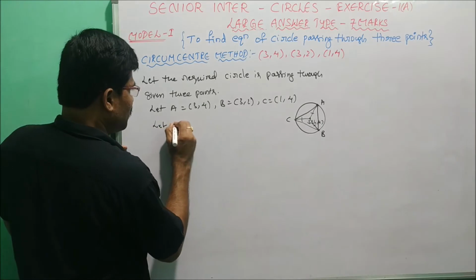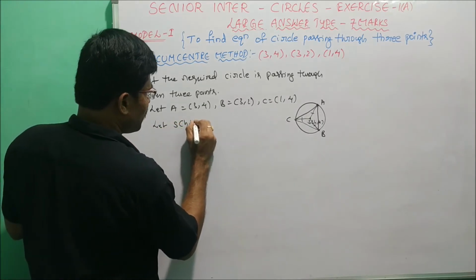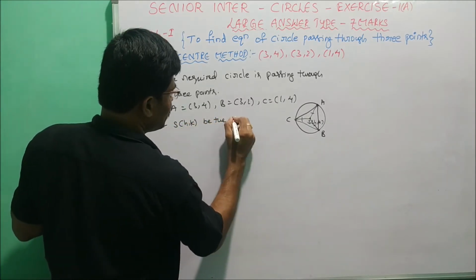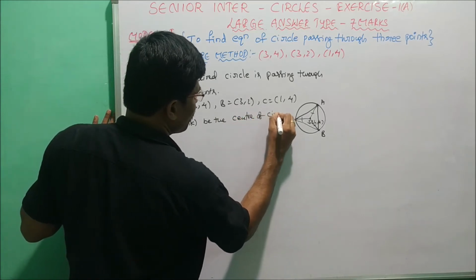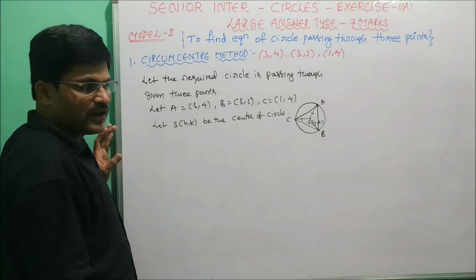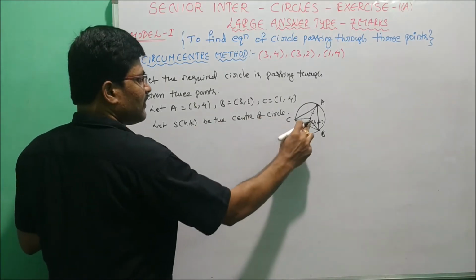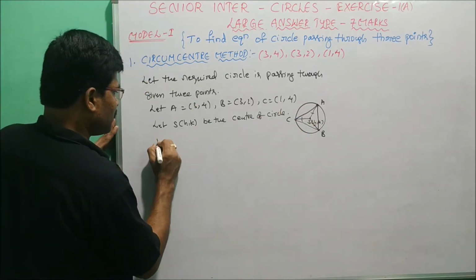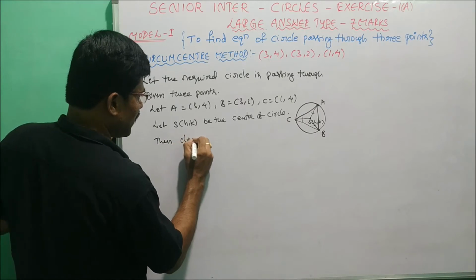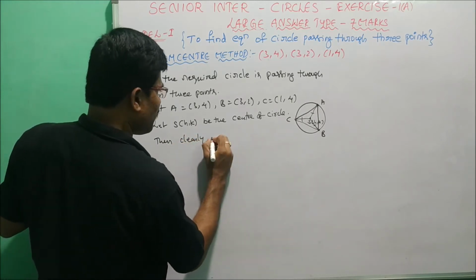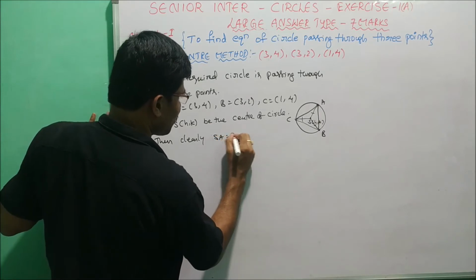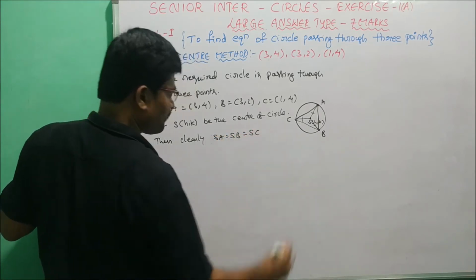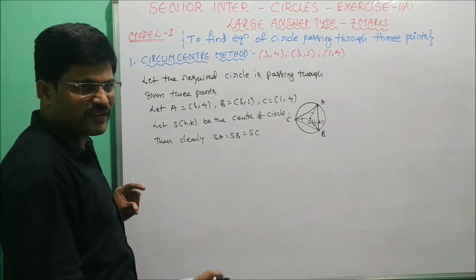Here let S(h,k) be the center of the circle. Clearly this is equidistant from the given vertices. Then clearly here we take SA equals SB equals SC.